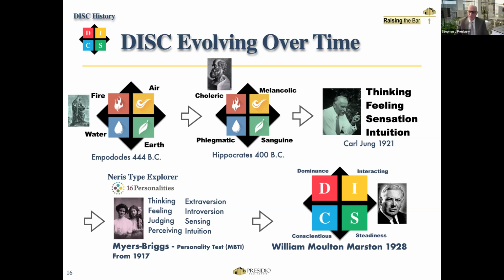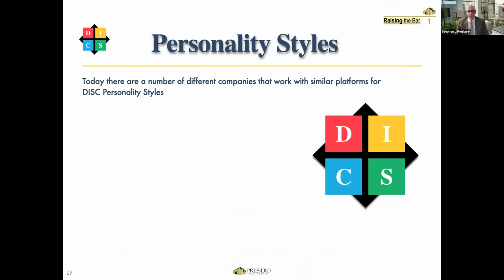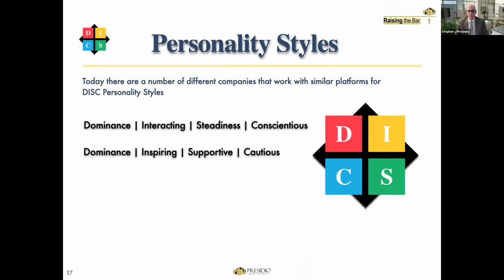There are various different methods or programs or types that are available today. We're going to talk about one of them in particular, because it's one of the simplest ones, and we'll go through that in a moment. But they all have these 4 different blocks. They use different words to create the 4 different blocks.